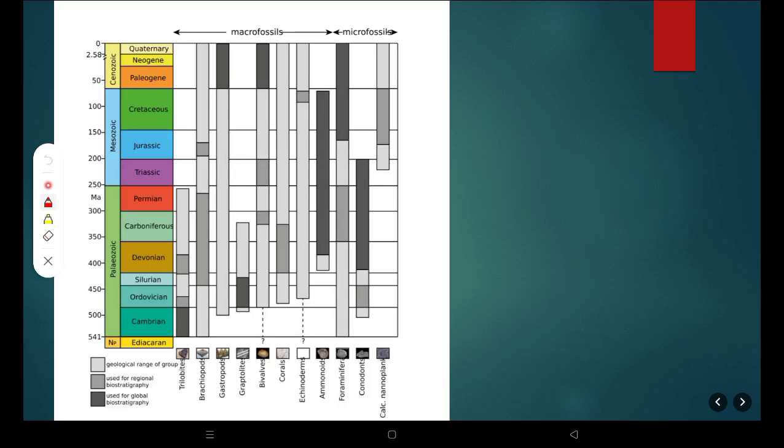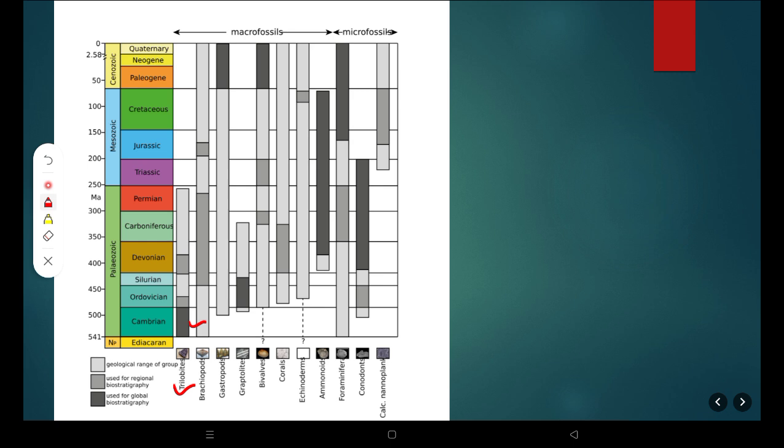This is the well-known geological time scale, showing the representative fossils that characterize the biostratigraphy of a specific age or period. For the Cambrian period, trilobites are very important, shown here in dark gray.